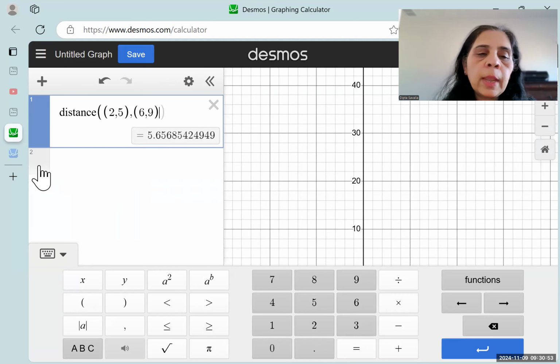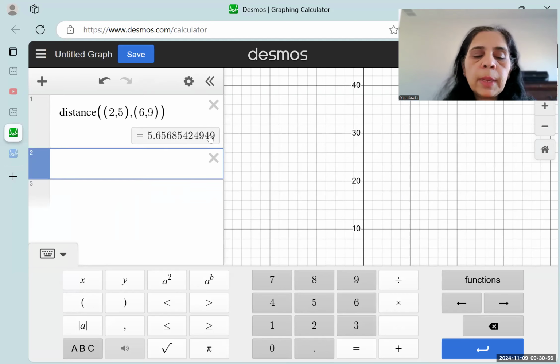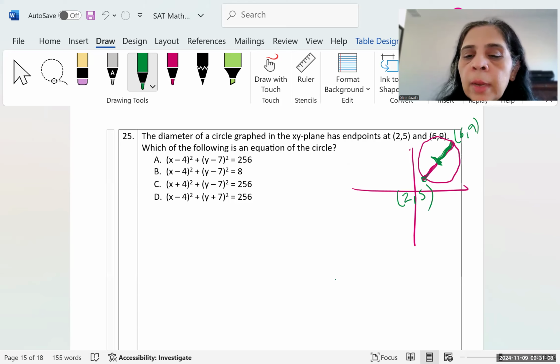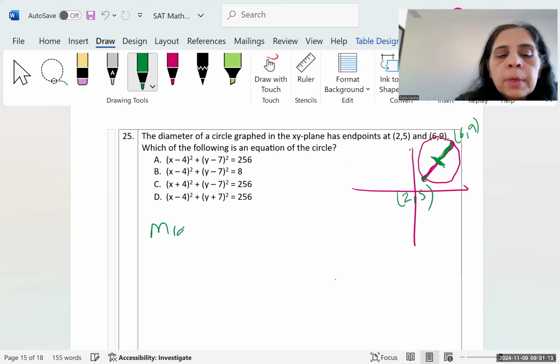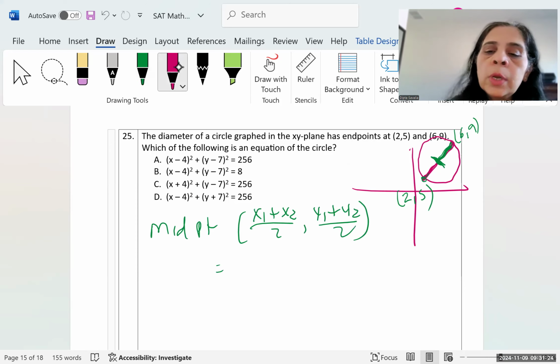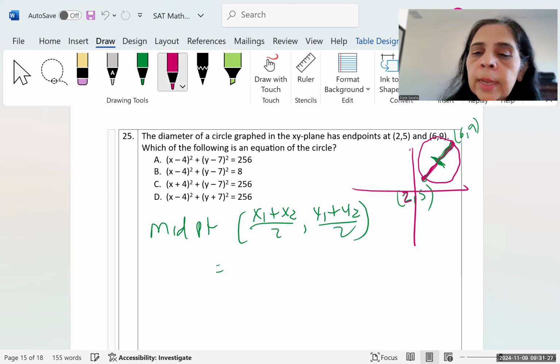Now we need to divide by 2 to find it. If we find the midpoint, it's better to do it this way. How do we find the midpoint? Here is the formula. Remember this: the midpoint is (x1 plus x2) over 2, (y1 plus y2) over 2. Whatever the first coordinate is, that is x.